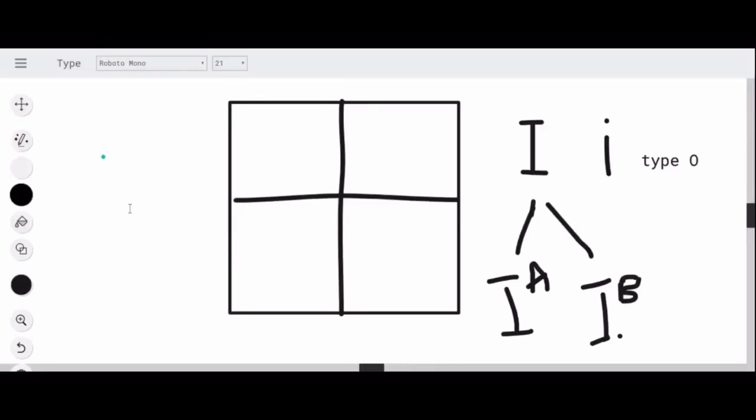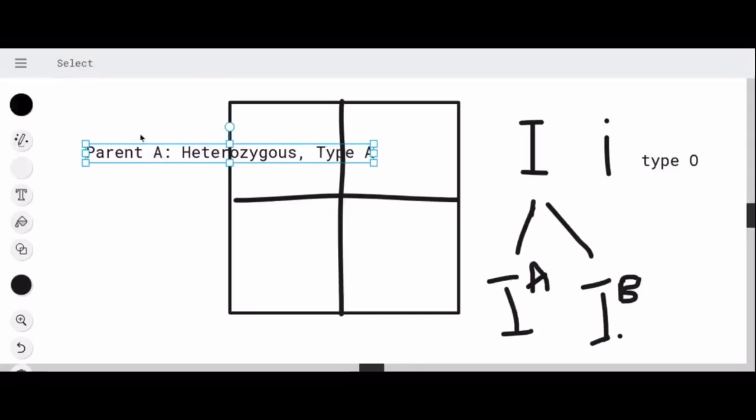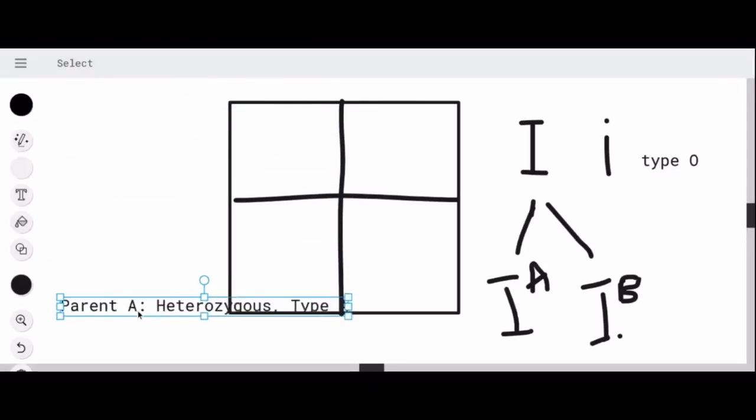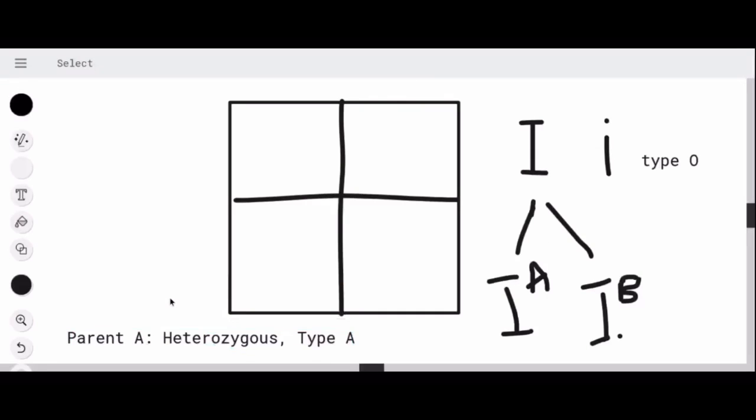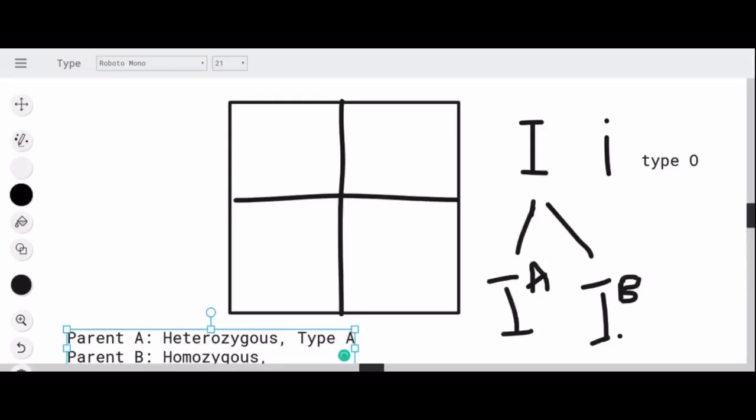One of them, parent A, is heterozygous for A, type A. And you can pretty much assume that meaning they have the dominant A and the recessive O, because that's what heterozygous is. Parent B, on the other hand, is homozygous, and they're type O.